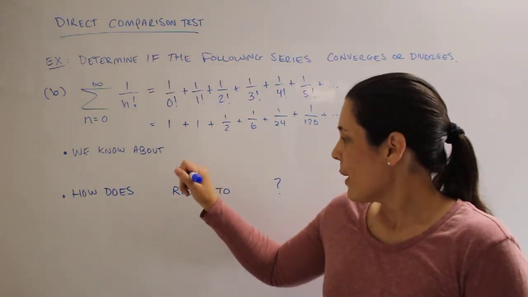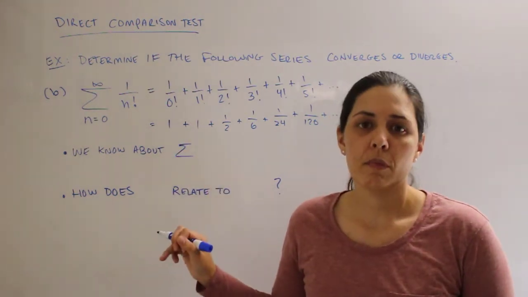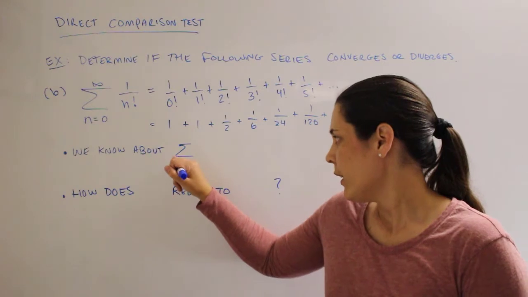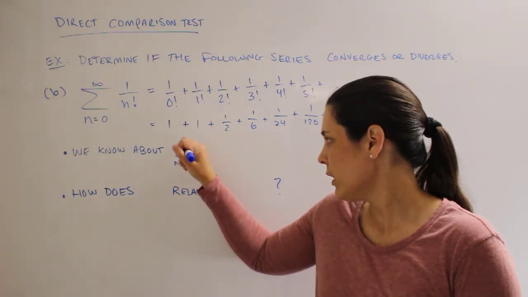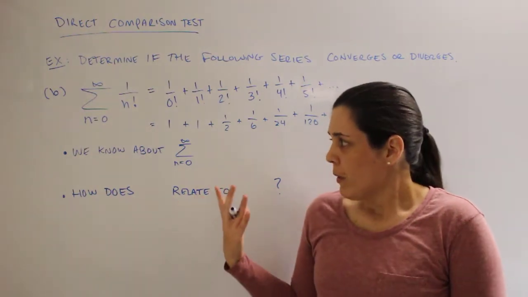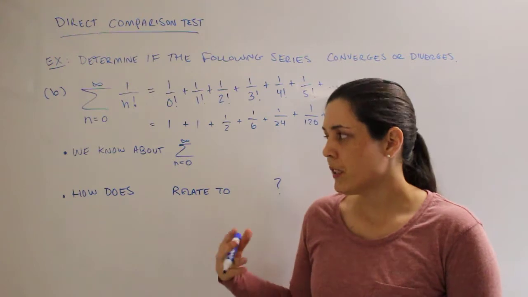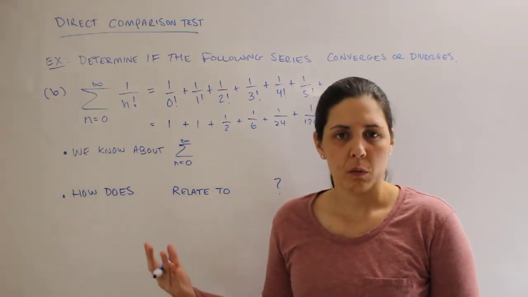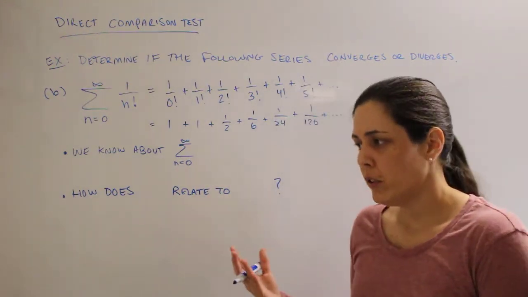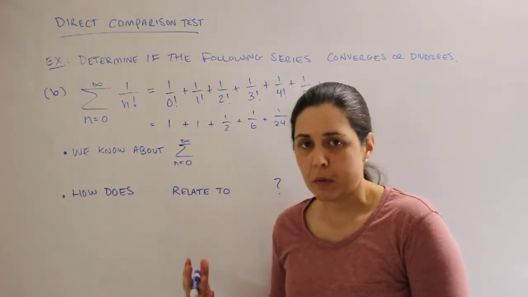So let's think about a series that we think might relate to this one, that we know something about. For these first couple of examples, I'm going to show you ones where you might wonder, how did I know to pick that? Eventually you'll start to see similar types of choices and recognize that you should pick this type of series to compare with this type of series.